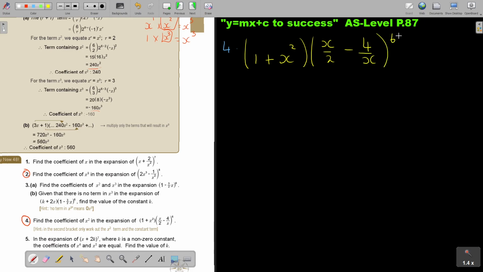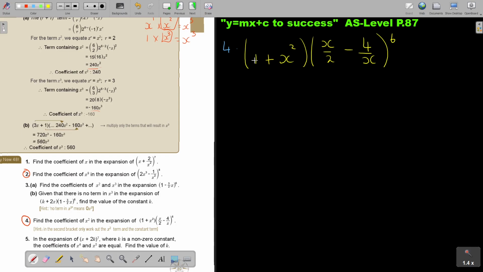The reason why is if I just want the term x^2, so this is a 1, I will just multiply it with the x^2 term here to get x^2, and this I will just multiply with the constant. So I just need the constant and the x^2, and then I can multiply out.